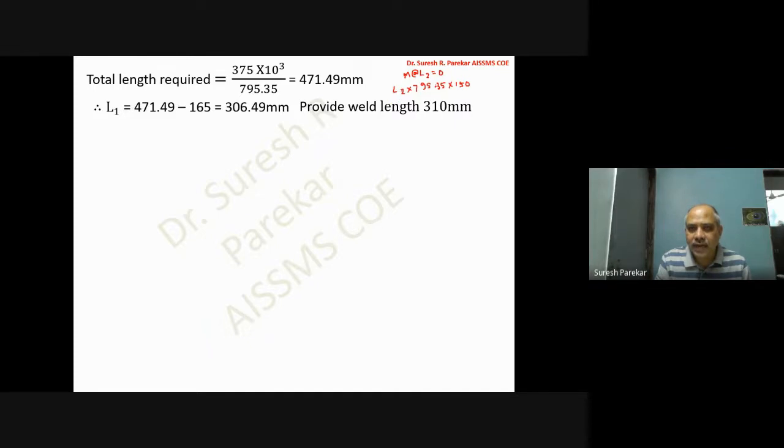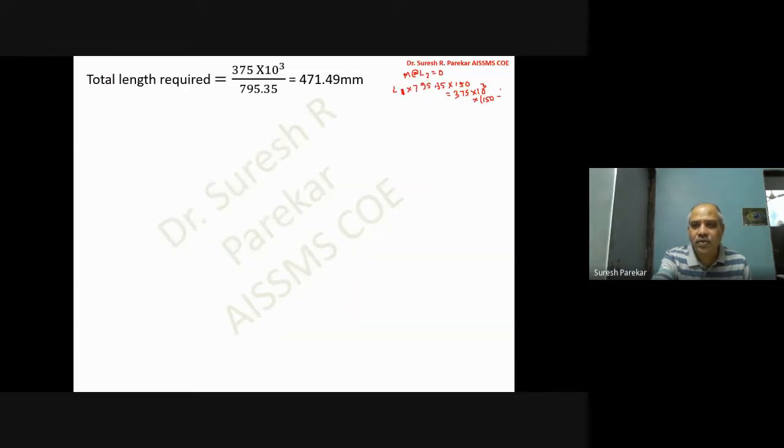Sorry, this is L1, moment about L2, and that is equal to the force 375 into 10 raised to 3, and we have the distance 150 minus the centroid distance 52.4, so 52.4.